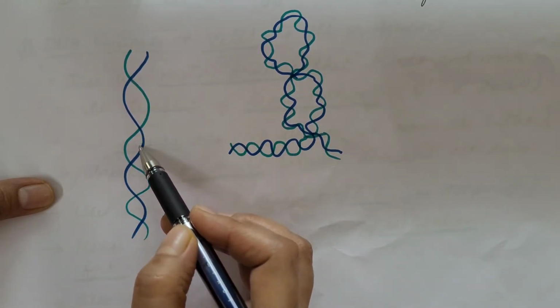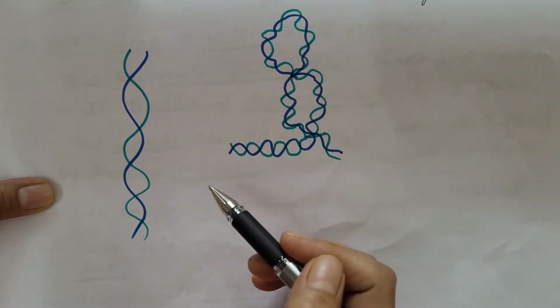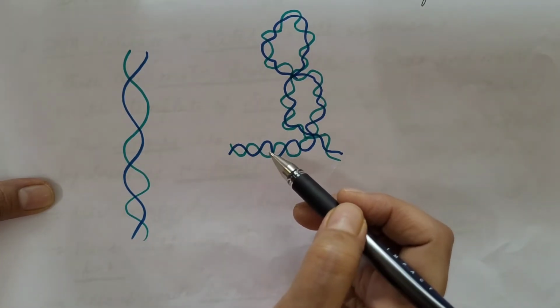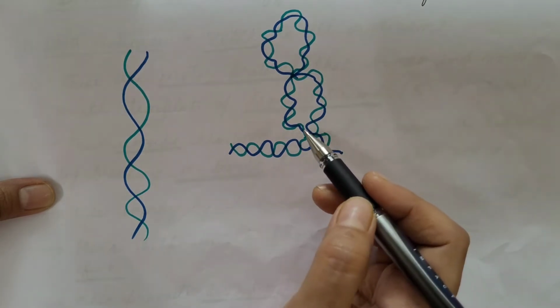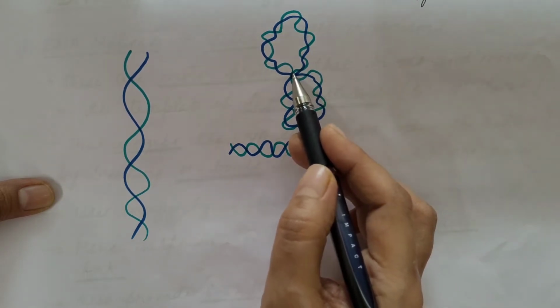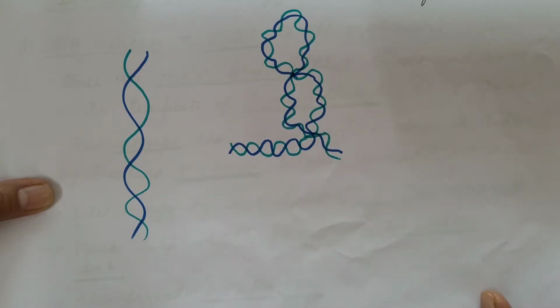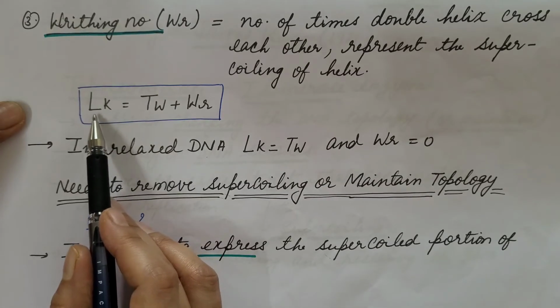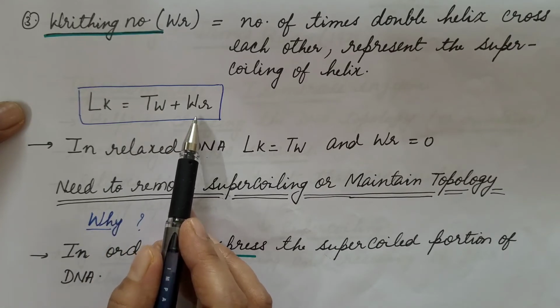This is 1 turn, 2 turns, 3 turns, 4 turns. This is the twisting number. The writhing number is the number of times the double helix crosses itself. Here the double helix crosses itself one time, and this is the second time. So the writhing number is 2. We can represent it as: linking number equals twisting number plus writhing number, that is Lk = Tw + Wr.